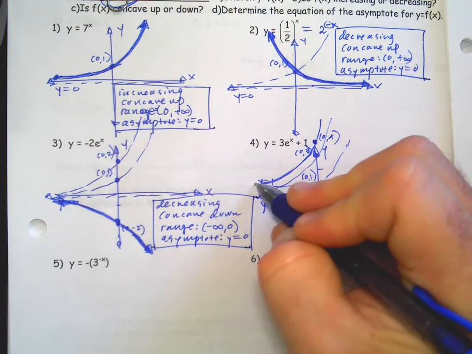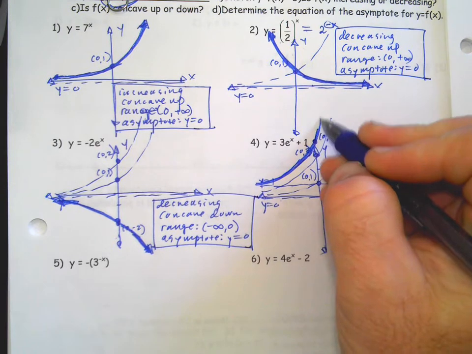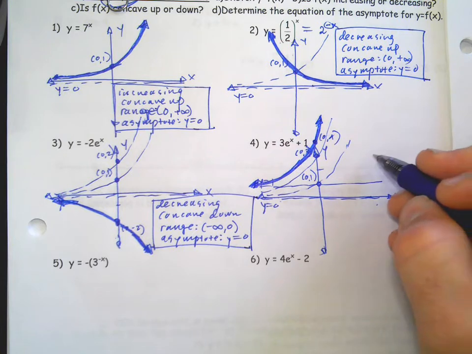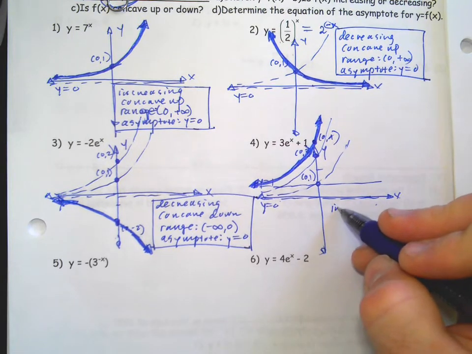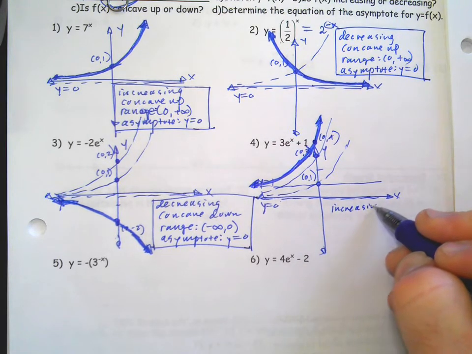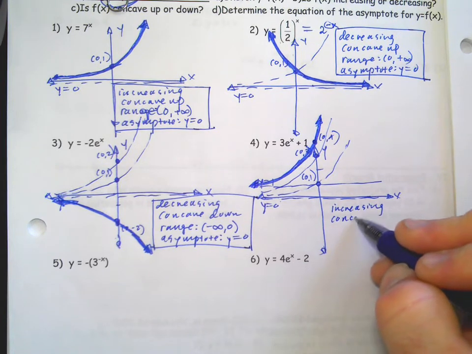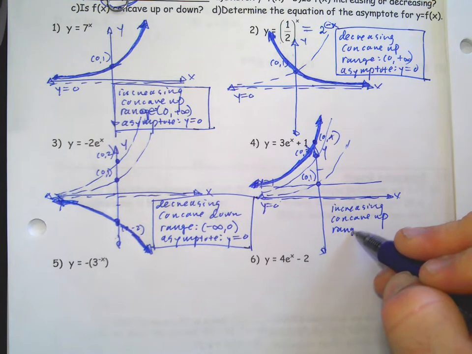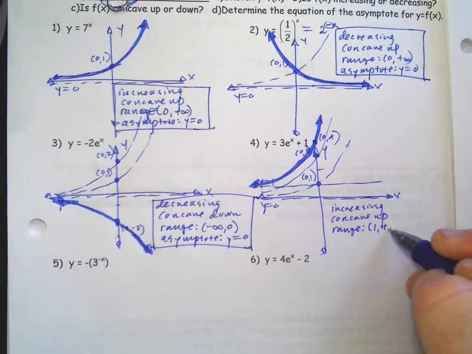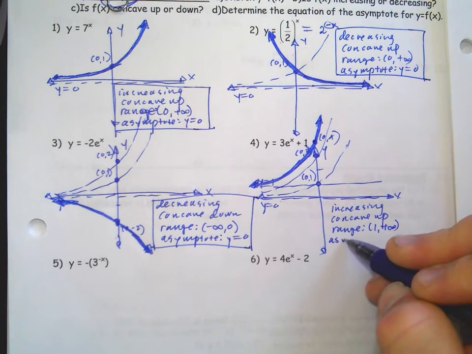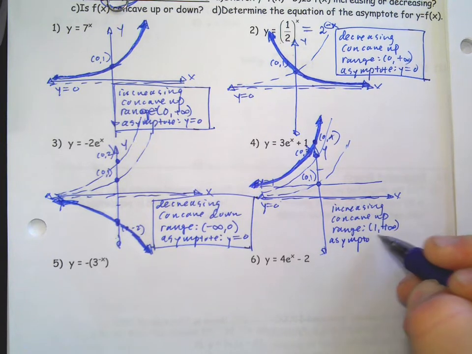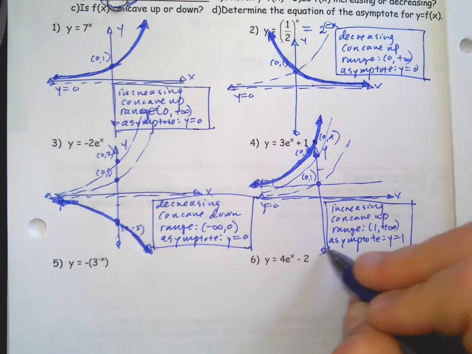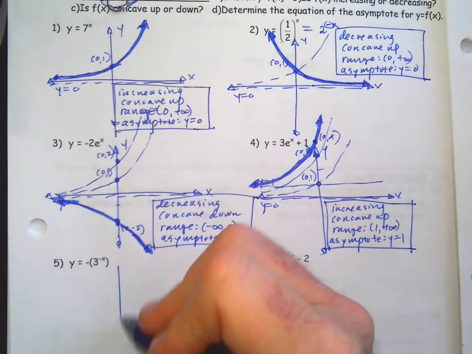So this is sort of what the graph looks like. Arrows on the ends, darken it in. So this is increasing, concave up. Range is 1 to positive infinity. The asymptote is y equals 1. There you go.